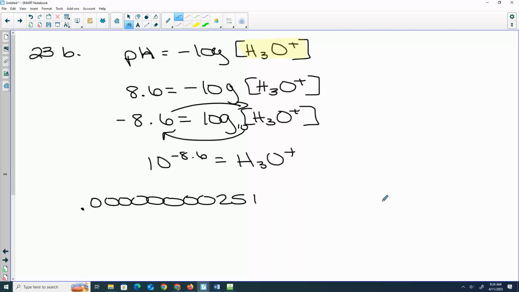Can you put it in? So we need to move our decimal 7, 8, 9 places to be right there. So that's 2.5. To move the decimal 10 places, you're multiplying by 10. We moved it to the right, so negative 9.